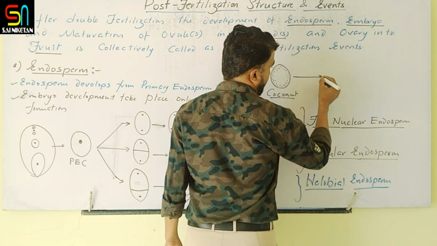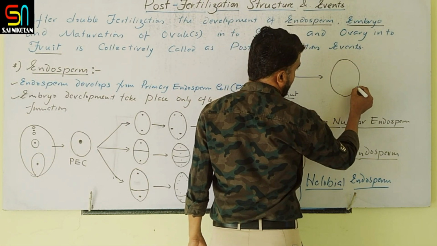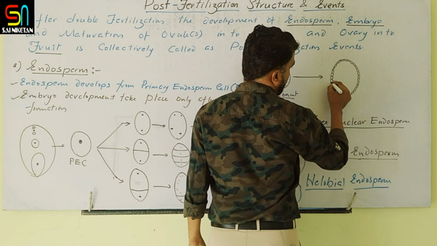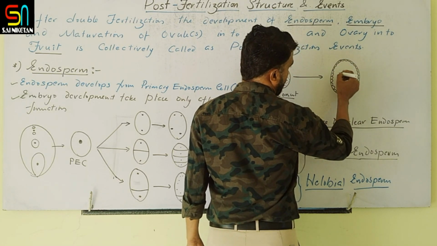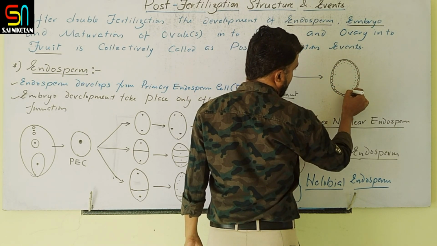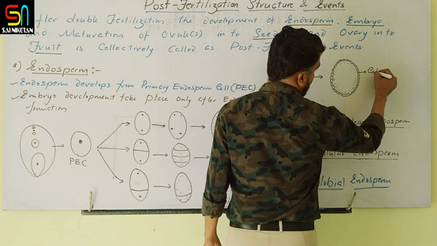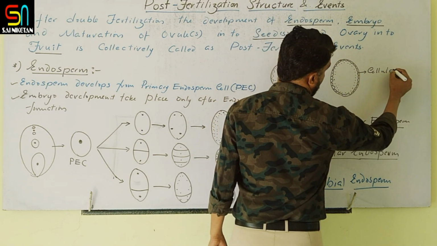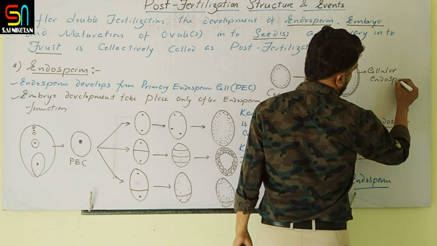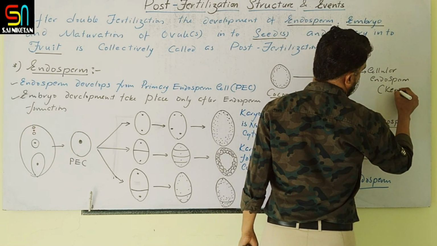Gradually, as it matures, the white kernel develops towards the outer side. As the water quantity decreases, the kernel present toward the periphery is a cellular endosperm, which is nothing but the kernel.